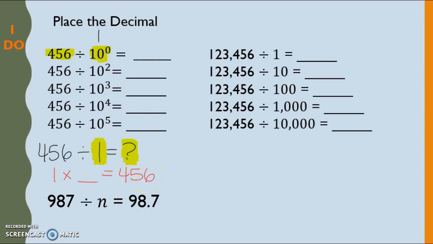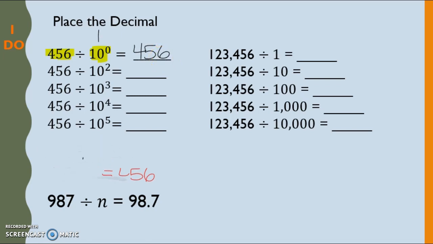Now, I am thinking about it as a multiplication equation. Well, 1 times what equals 456? You're exactly right. 1 times 456 is 456. Therefore, 456 divided by 10 to the first power is 456.